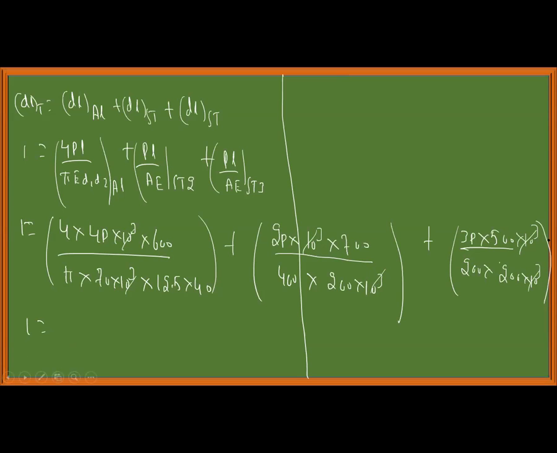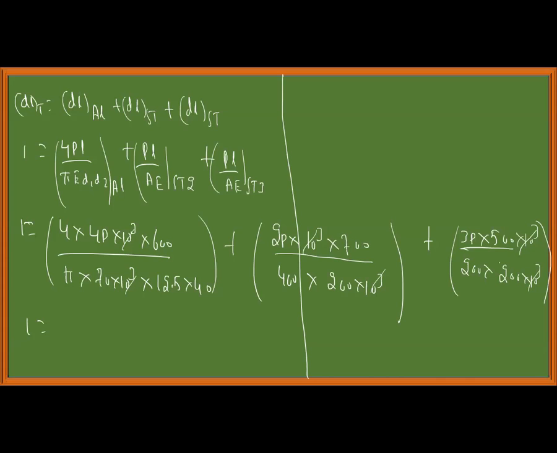Next, you take 4 into 4 into alpha, and then you press close bracket, small bracket, plus x, 4x into 600 by shift pi into 70 into 12.5 into 40. This is one term.